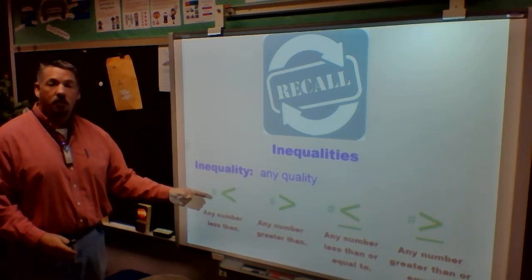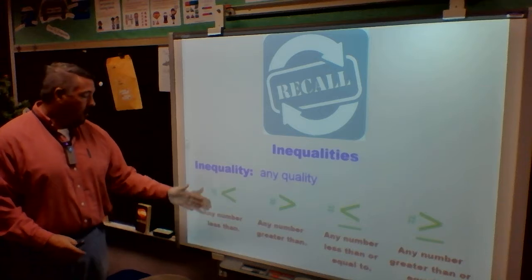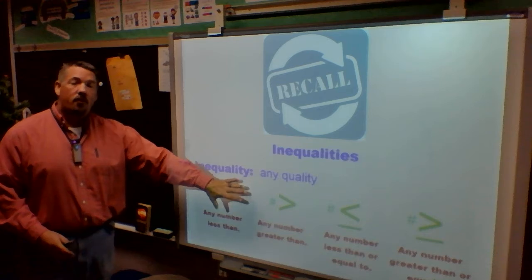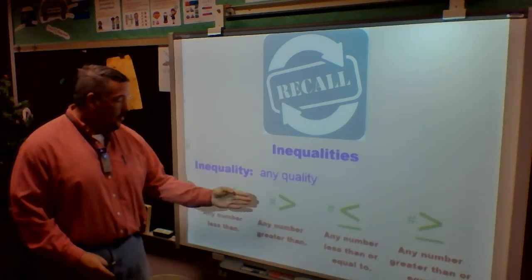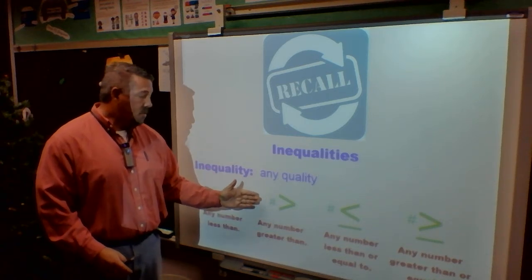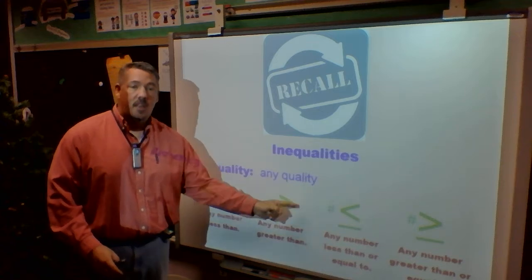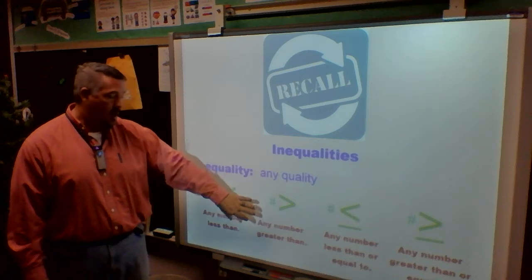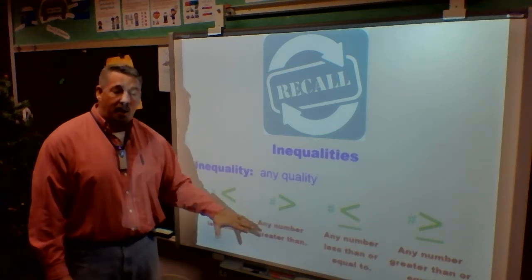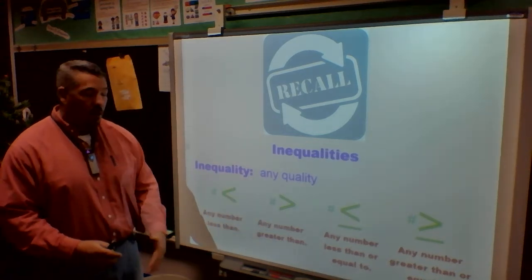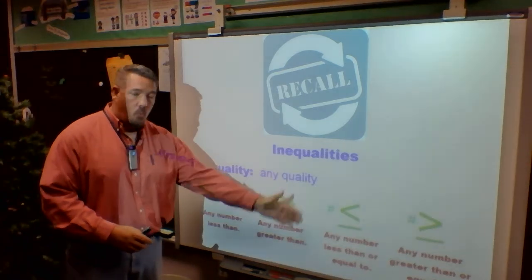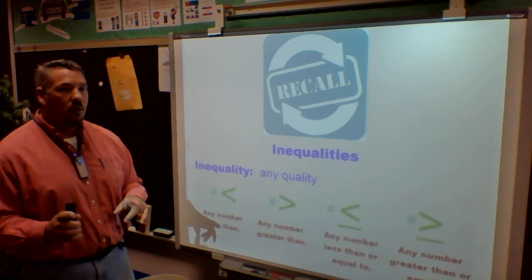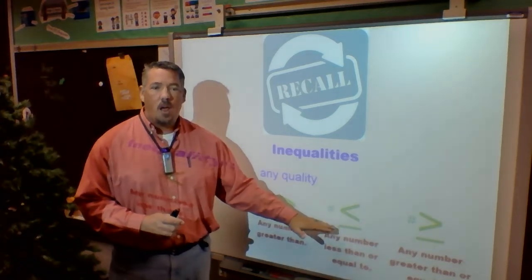Because the arrow points to the smallest number, I know that whatever I'm looking for is going to be less than whatever's here. If the letter or missing number is here, and everything else is being pointed to, then I know this one has to be greater than. So it could be any number greater than the number given to us. And then these were the ones that were a little different for us because they had weird lines under them.